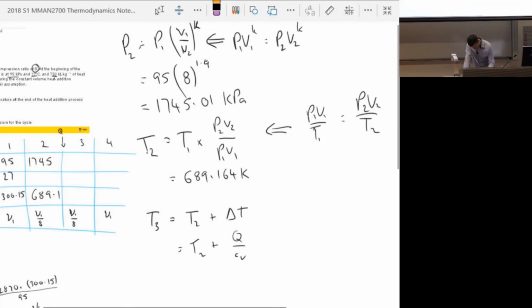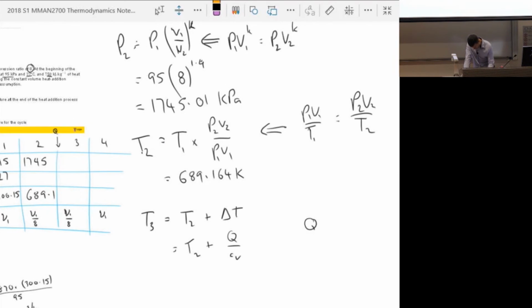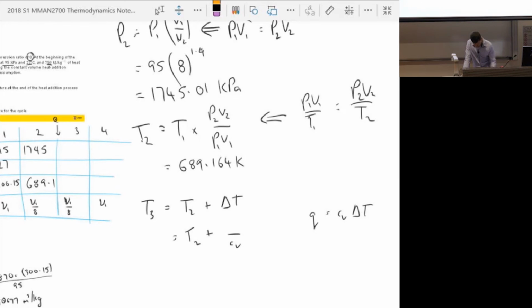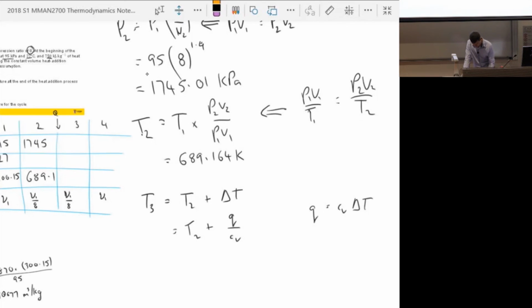Sorry, lowercase q equals CV delta T. So therefore, delta T equals Q divided by CV. Happy with that?